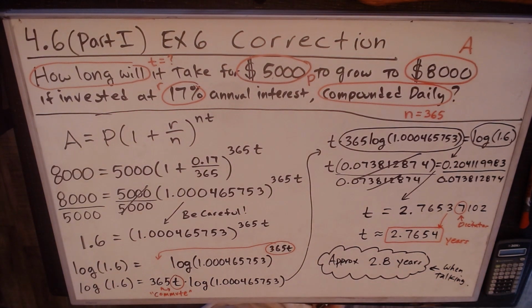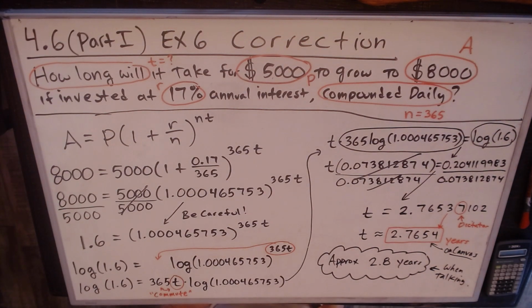You could even say about 3 years, but I'm going to go 2.8. On the computer, you would enter 2.7654 years. I think in the previous problem, I came out with a number of months. I don't remember. It was like 3 months or something, which just seemed ridiculous. I really should have gut checked that.